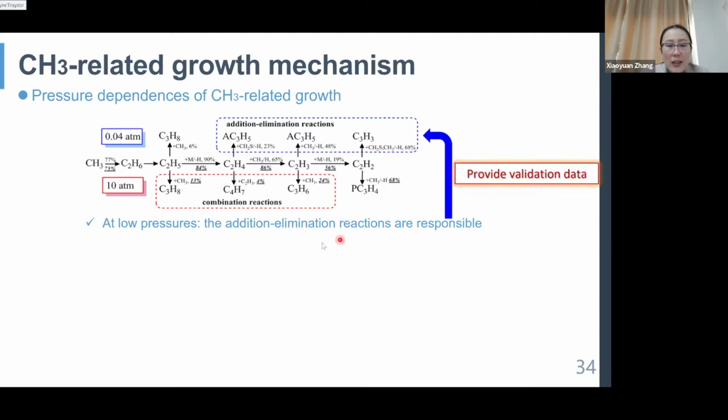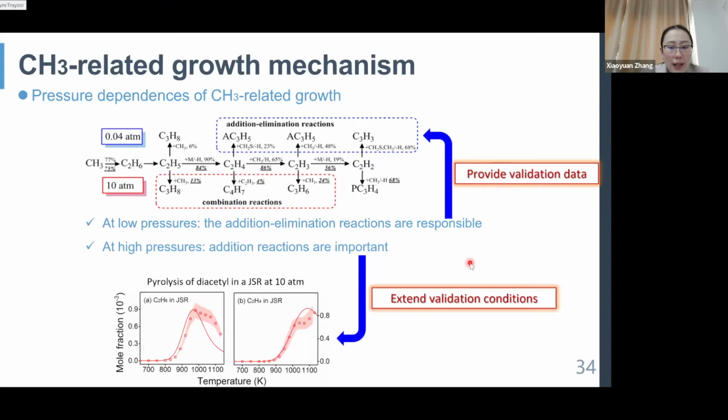It means that the experimental data conducted at low pressures can provide more validation data for these addition-elimination reactions, while at high pressures, the combination reaction dominated the methyl group chemistry. And the experimental data obtained at 10 bar can also extend the previous validation conditions.